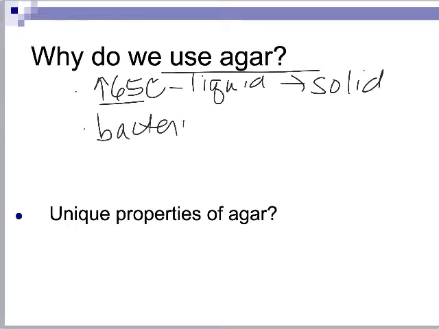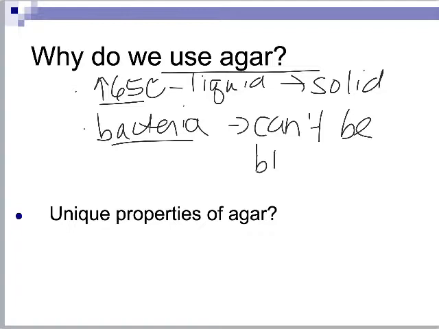Microorganisms can't digest it, so it can't be broken down. We want a surface for the organisms to grow on. If we have a broth, the broth tends to get cloudy and you can't see individual colonies, but with agar we can see individual colonies. So all of this goes together.